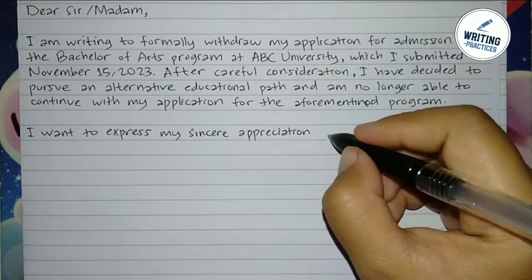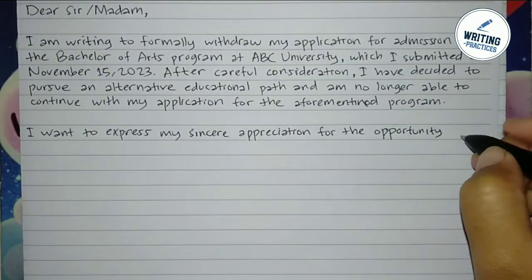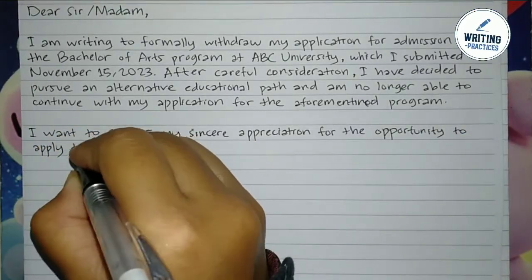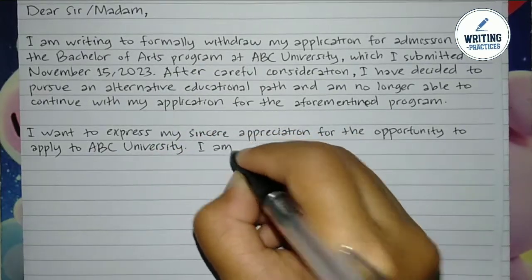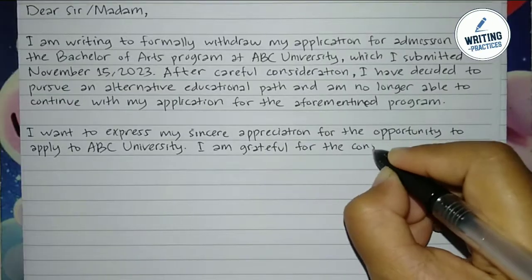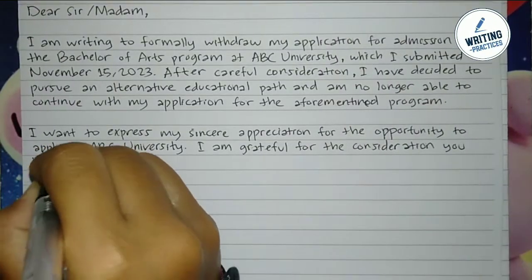Express appreciation for the opportunity, and any assistance or support you received during the application process. You may write, "I want to express my sincere appreciation for the opportunity to apply to ABC University." And show your sincere gratitude to the recipient for their assistance.